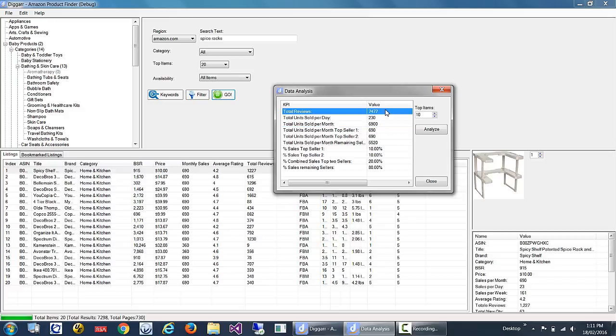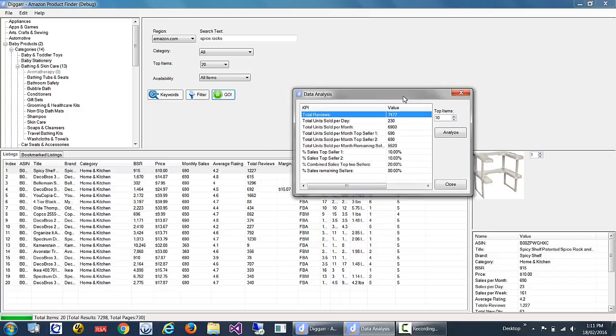Now the total reviews, there's a lot of conversation on the recommended total reviews. The value is around 300 reviews. So the number of reviews should be less than 300. You can see here that it's 7,477, so there's a lot of reviews.